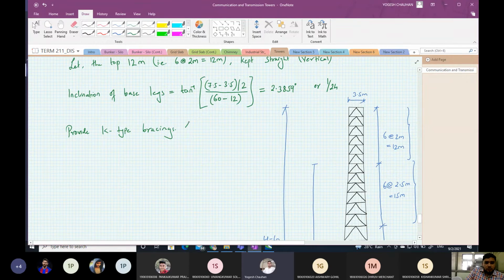So provide K-type bracings for segments 1, 2, and 3, and for segment 4 provide K-type bracing plus secondary bracing.